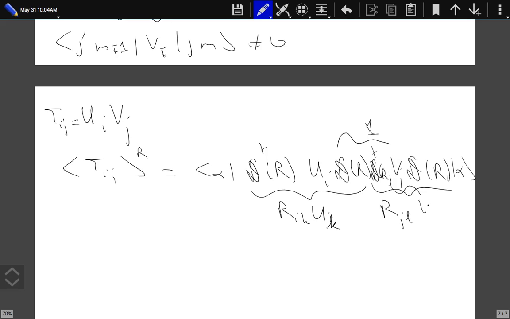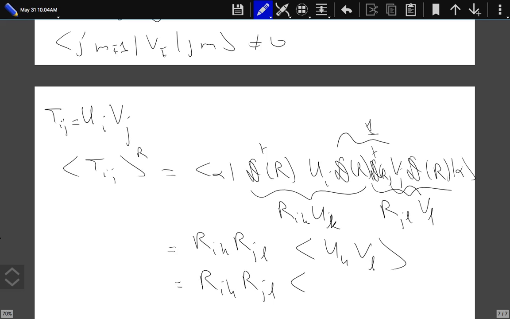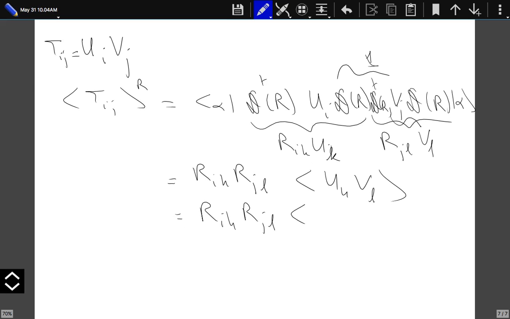So this is equal to Rik Rjl, the expectation value of Uk Vl, which is Rik Rjl, the expectation value of Tkl.